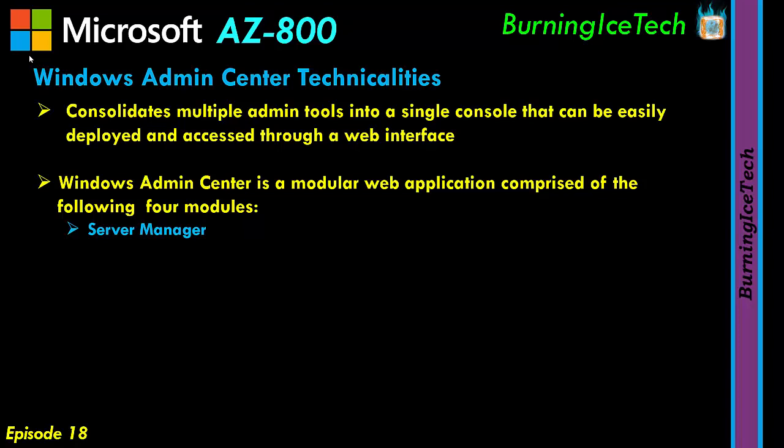Now, not that it's hard to use the Windows Admin Center, don't get me wrong, the tool is very easy to use. It's just if you have experience with certain things, like the Windows Server Manager or perhaps the Azure portal, it's going to look and feel very familiar to you, and you're going to be able to figure it out a lot quicker than someone who is doing this for the very first time.